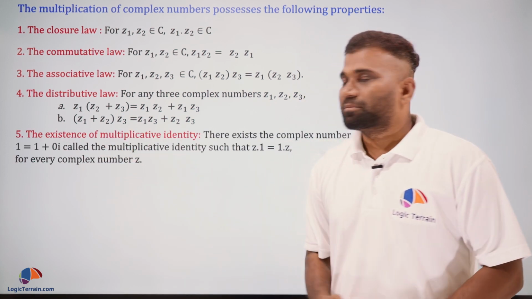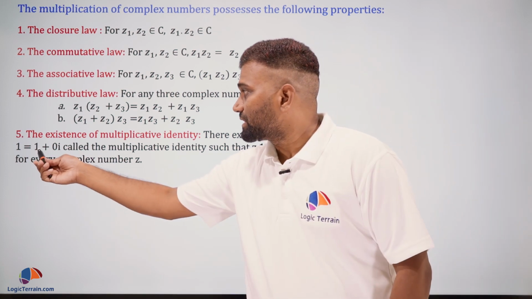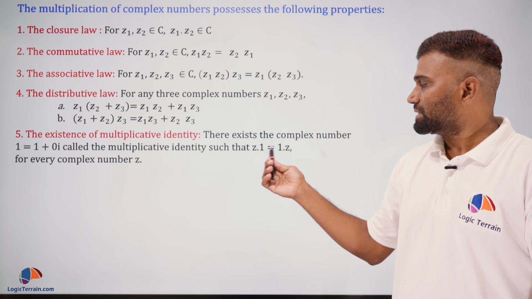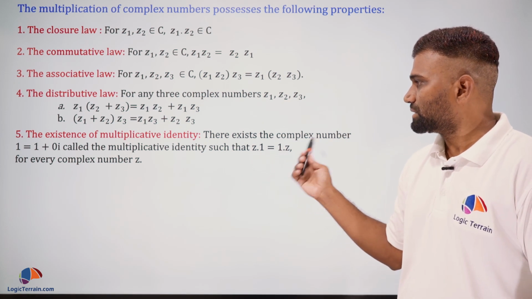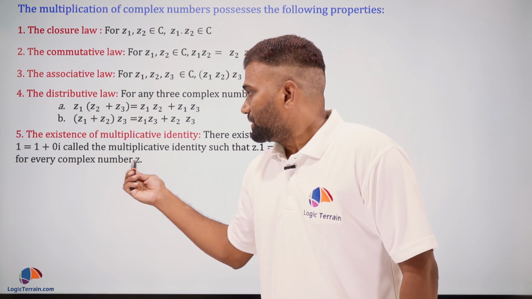The existence of multiplicative identity: there exists a complex number 1 = 1 + 0i, called the multiplicative identity, such that z into 1 is equal to 1 into z is equal to z for every complex number z.